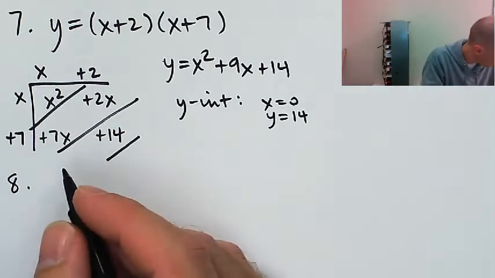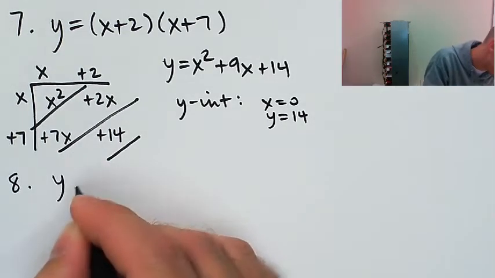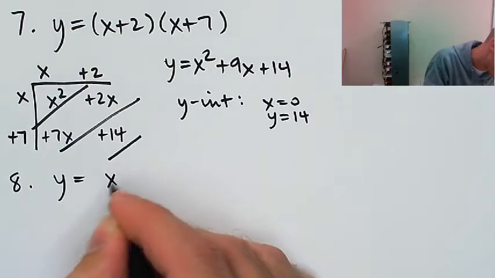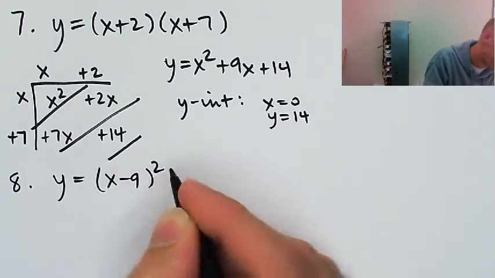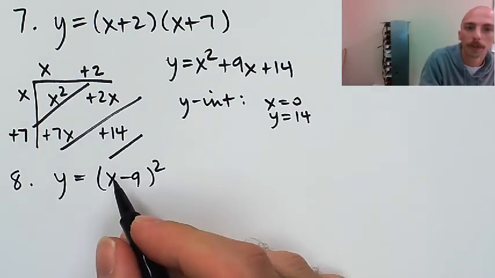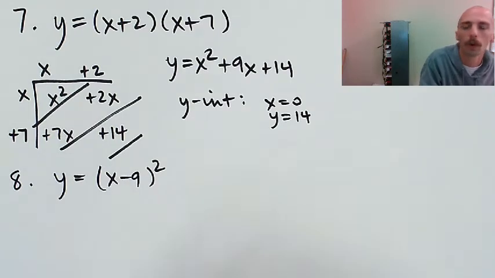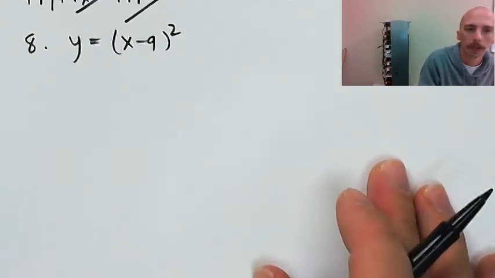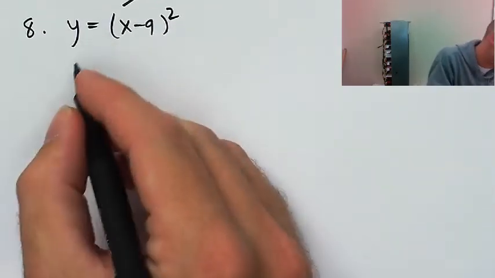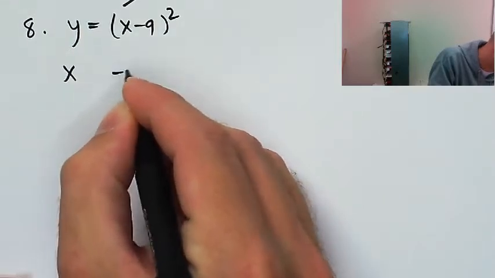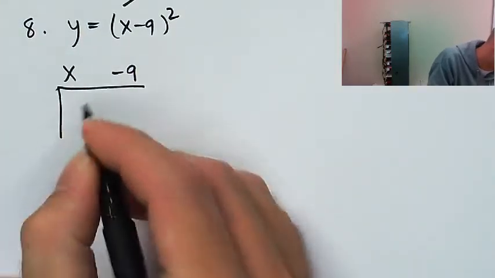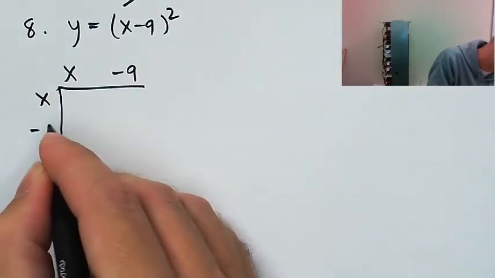Number 8, y equals x minus 9 squared. Okay, this is not just going to be x squared minus 9 squared or x squared plus 81, nothing like that. I'm going to set it up the exact same way we did the other one. x and a minus 9 against an x and a minus 9.